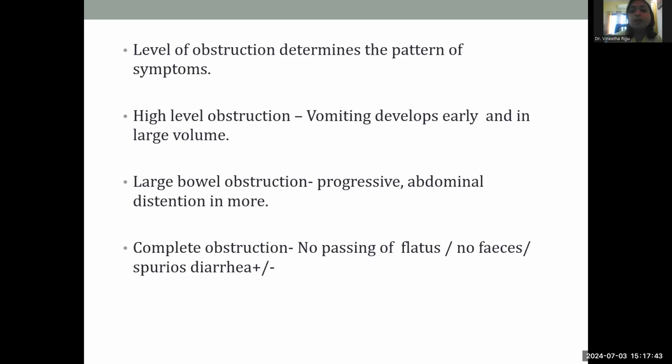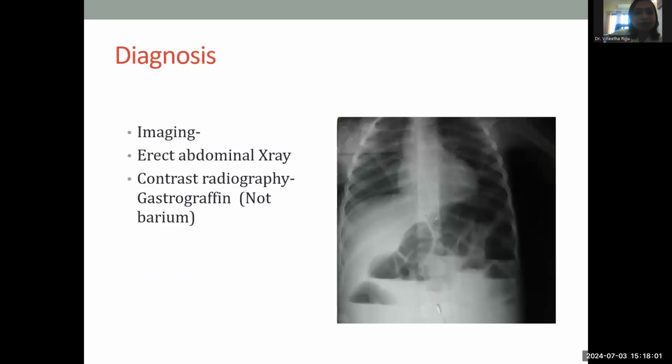Okay, so there is no flatus, no motion that is passed when there is complete obstruction. And even when you examine the patient, there are no bowel sounds. There may be spurious diarrhea. Again, there may be some leakage that is happening.